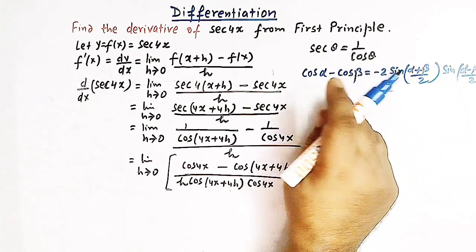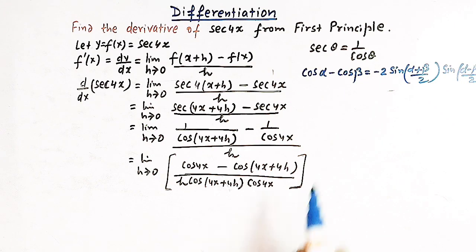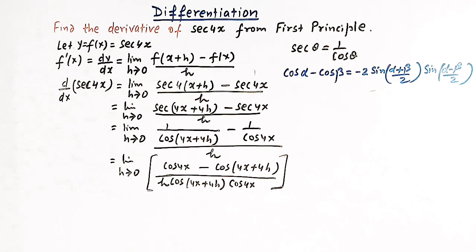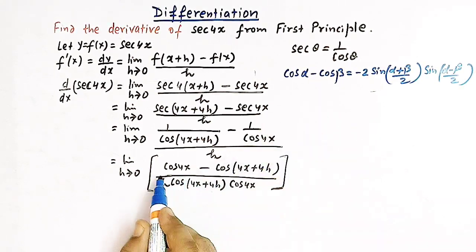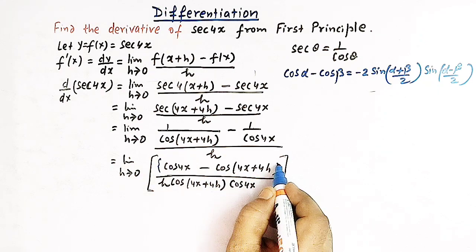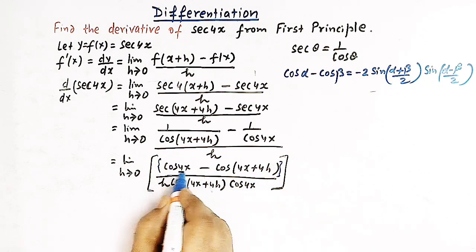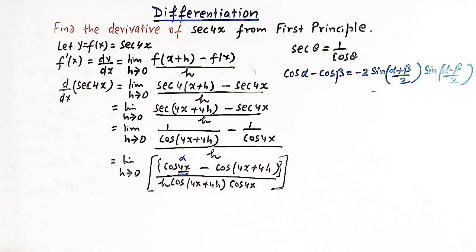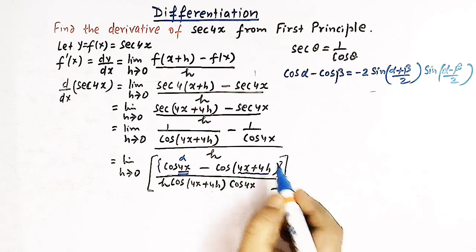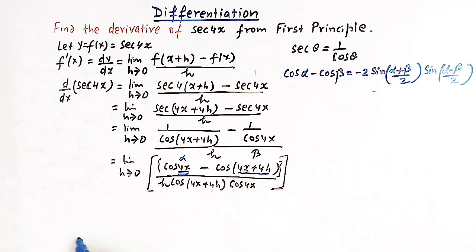So this is an important identity from trigonometry, right? Now applying this identity to this function, here we have 4x, which can be taken as alpha, and 4x plus 4h may be taken as beta.